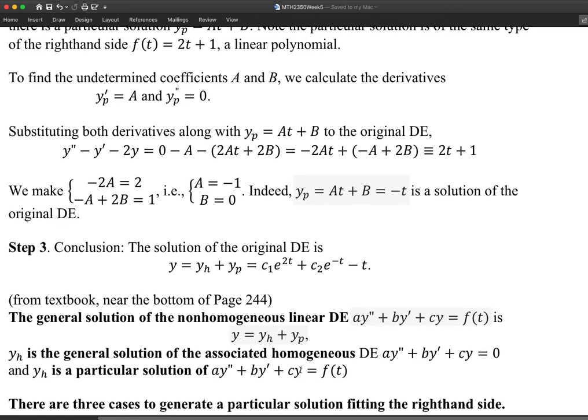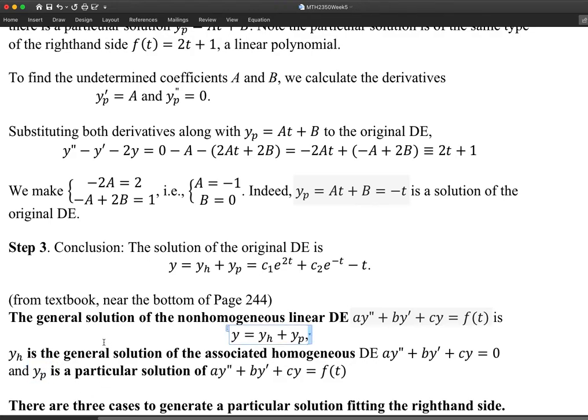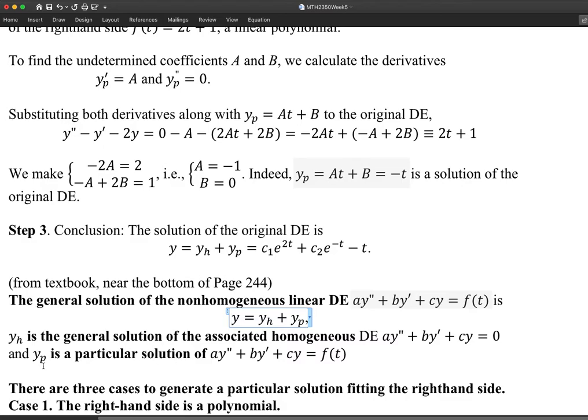And one particular thing you may want to know here is that y sub h is the solution of the corresponding homogeneous differential equation, which was covered already in sections 4.2 and 4.3. And y sub p is a particular solution, and it is an actual solution. And the particular solution is generated to fit the right-hand side.